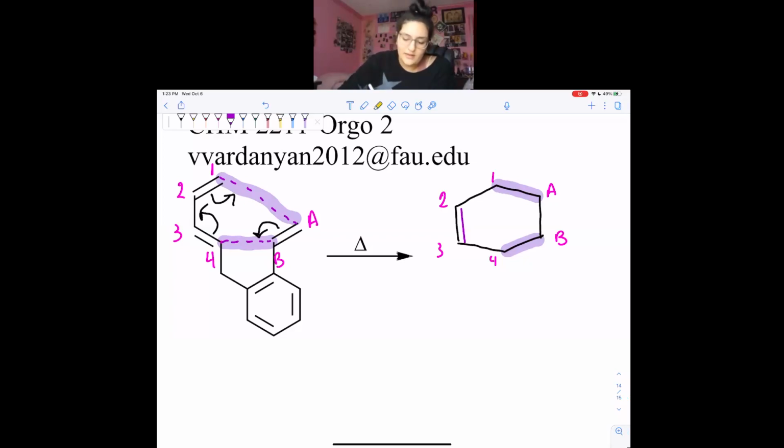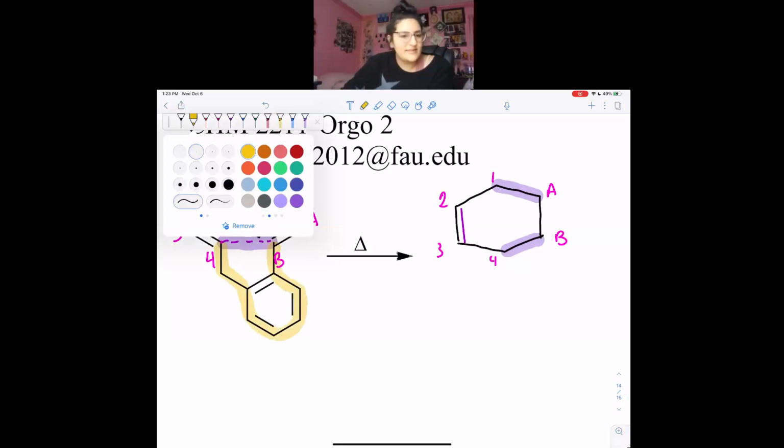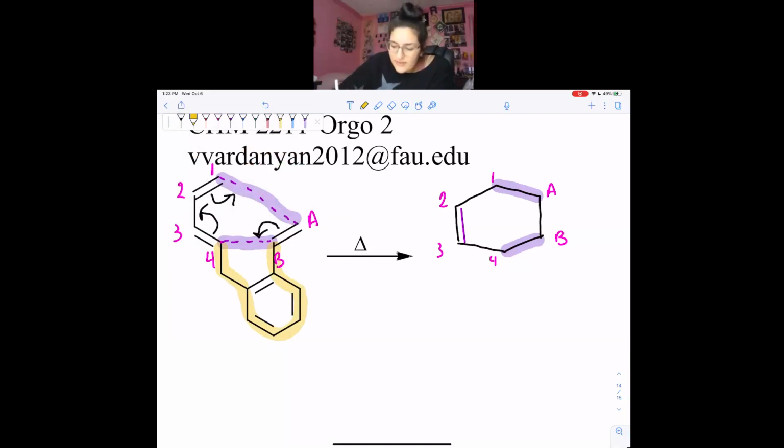And now we have to go about filling in the substituents. This is like one big substituent, one big group. The way that I see it is it's attached directly to carbon 4 and carbon B, right? And here we made a 5-membered ring. As you can see here, if you fill in that line, it's a 5-membered ring.